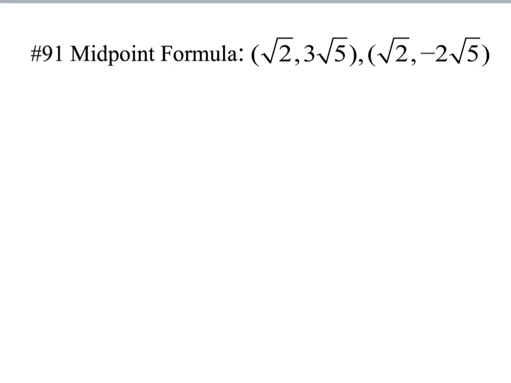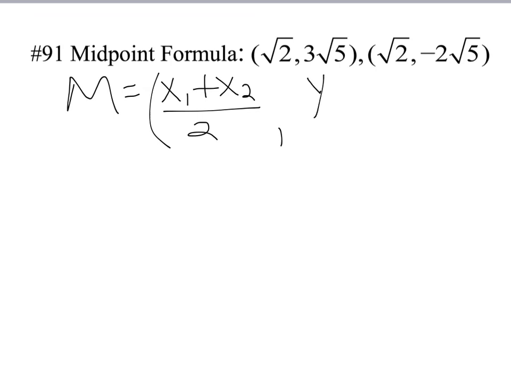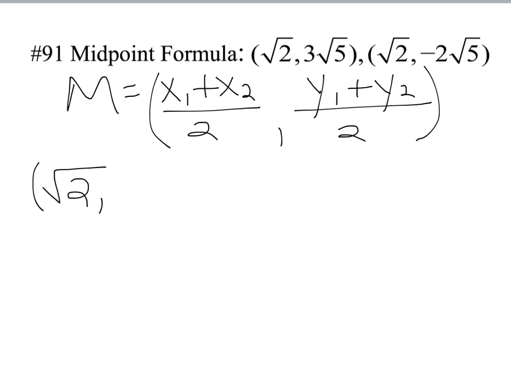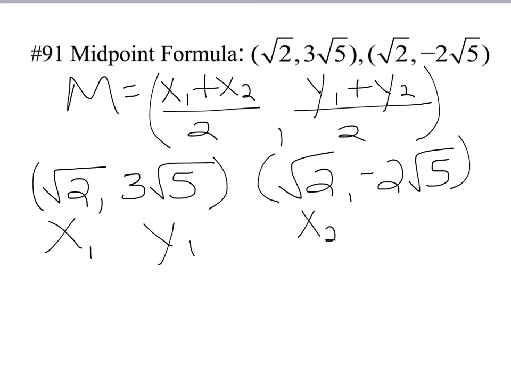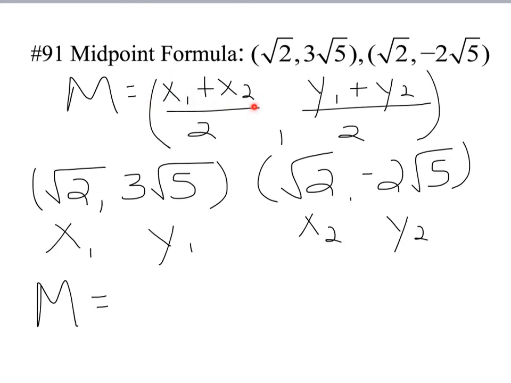All right, last but not least, we're going to go ahead and do the midpoint formula one last time. So I have the midpoint formula is x1 plus x2 over 2, comma, y1 plus y2 over 2. The first thing I'm going to do again is go ahead and write my 2 points down here and label them so I don't get confused when I'm plugging in. x1, y1, x2, y2. Okay, so when I go to plug in, the first thing they're asking me for is x1 plus x2.